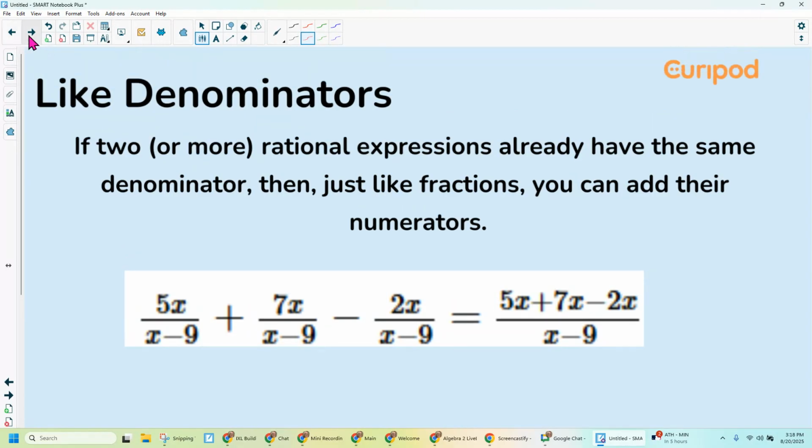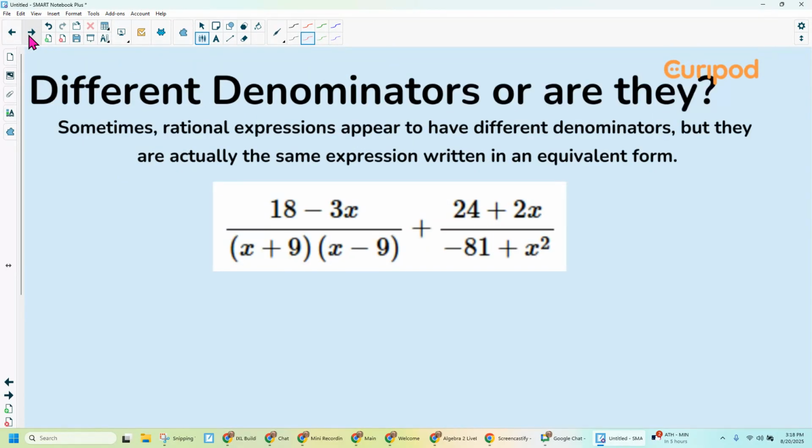Okay? So of course they're not going to be that easy every time. Sometimes you have different denominators. Or are they? Remember when we did the expressions, they look like they are different, but they're actually in equivalent form. x plus 9 times x minus 9 and negative 81 plus x squared.